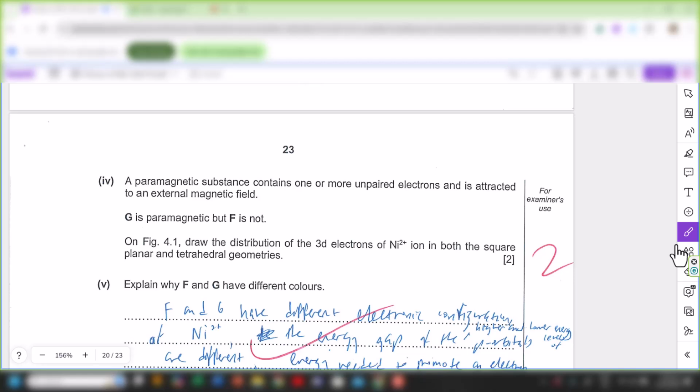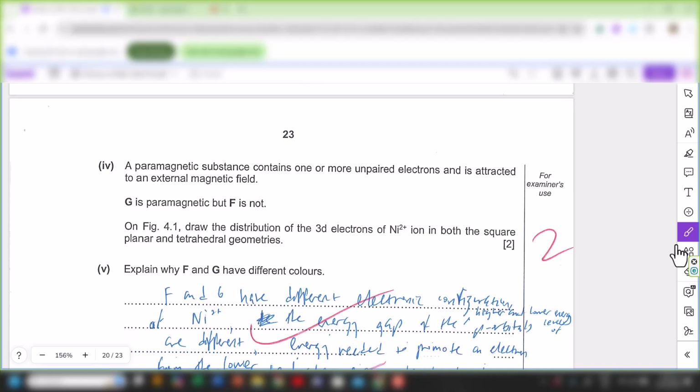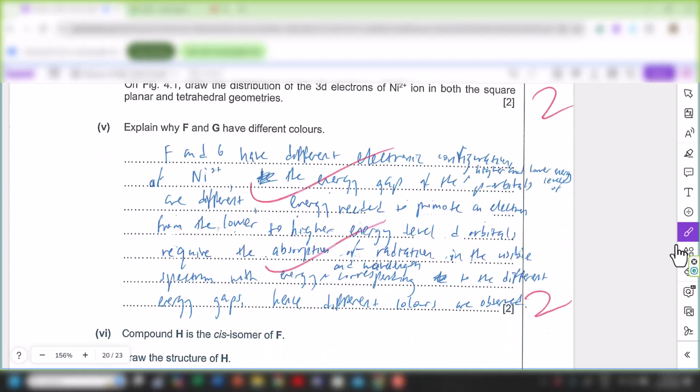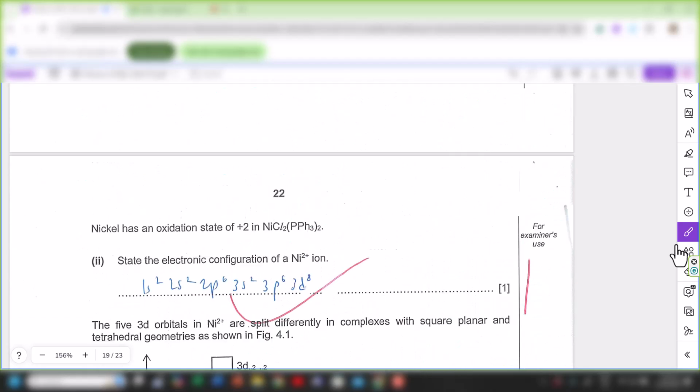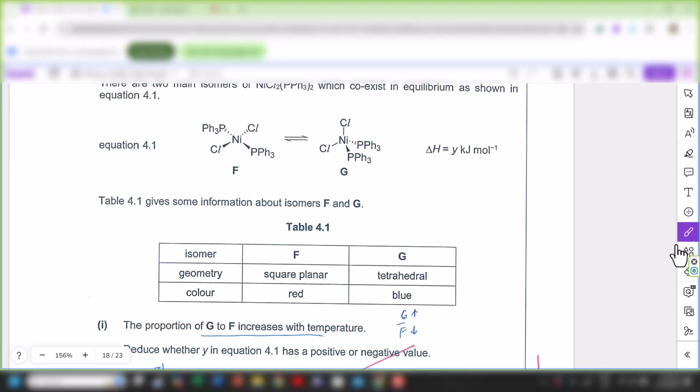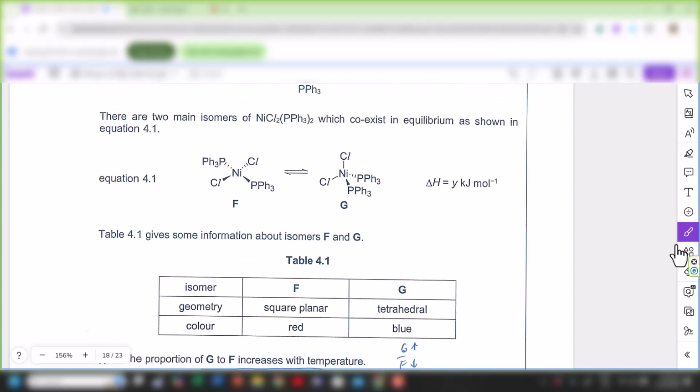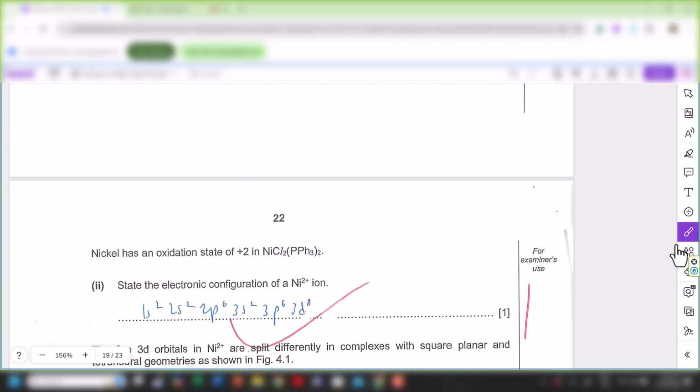Okay, can. The paramagnetism thingy, we have discussed it in tutorial before. Anyway, they are not asking you that. They are just asking you to draw the distribution of electrons, right? And then after that, they ask you why F and G have different colors. Then again, the highlight is that F and G have different electronic configuration.